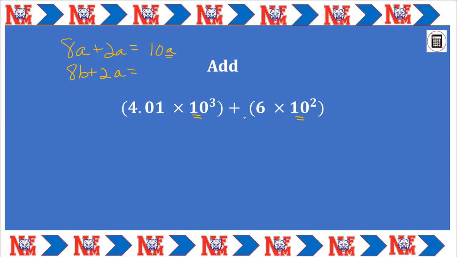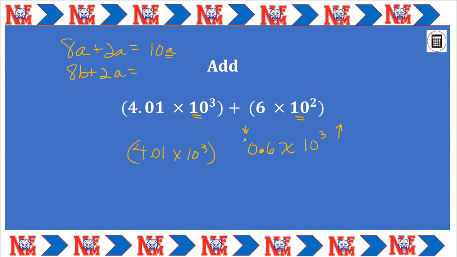So we're going to make an adjustment, and we're going to turn this into an exponent where we have a 3. And so I'm going to say 10 to the third. So I went up here, so that means I need to go down in value here and make it 0.6. So I have 0.6. These are equivalent. And now I have powers of 10 to the third. So I have 4.01 times 10 to the third.